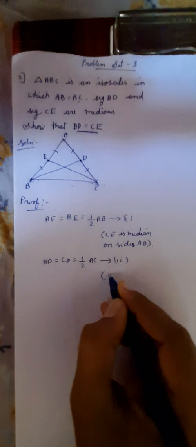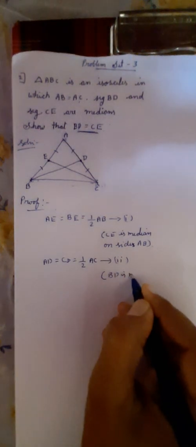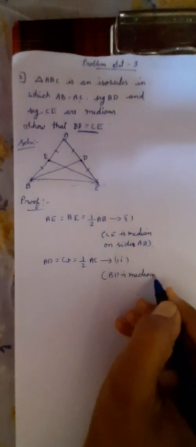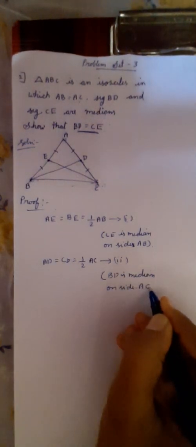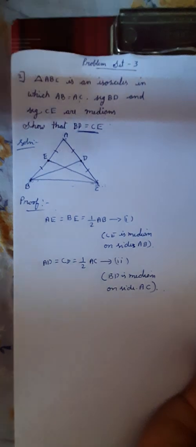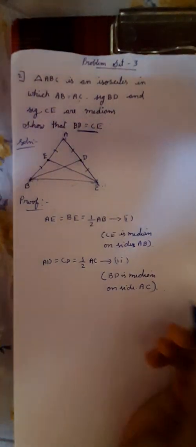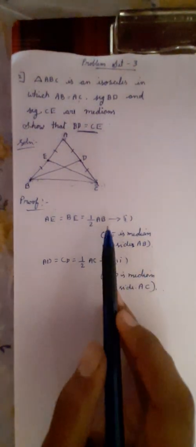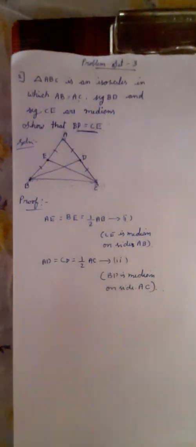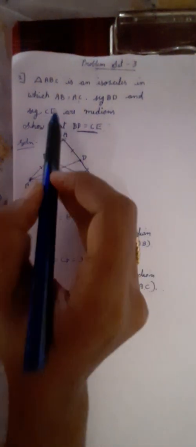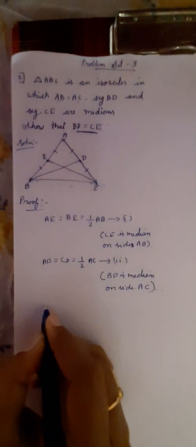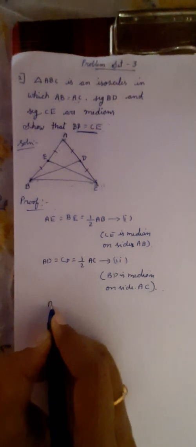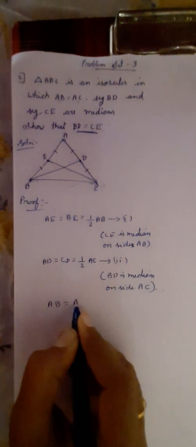The reason is BD is median on side AC. Okay, so after doing this, now see equation 1 and 2. See, we know that here in the question it is given AB is equal to AC. Side AB and side AC are equal. So from here we will start. Here it is given AB is equal to AC.